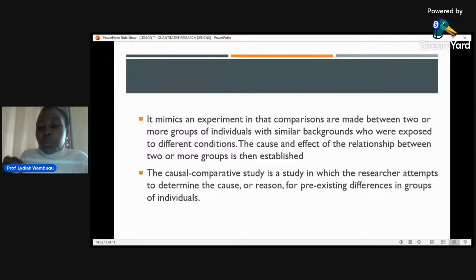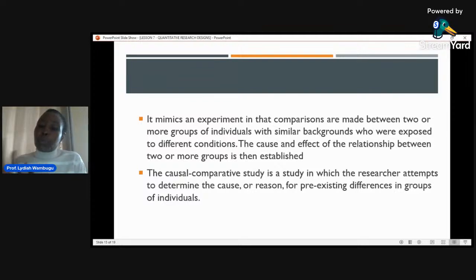Now, with the ex post facto, you are not the one who forms the group. You already go when people have increased in weight or they are already obese. So you are going back to ask yourself, what may have caused this? And maybe you identify soda as one of them. So the groups that you use in ex post facto to compare, you are not the one who formed them.